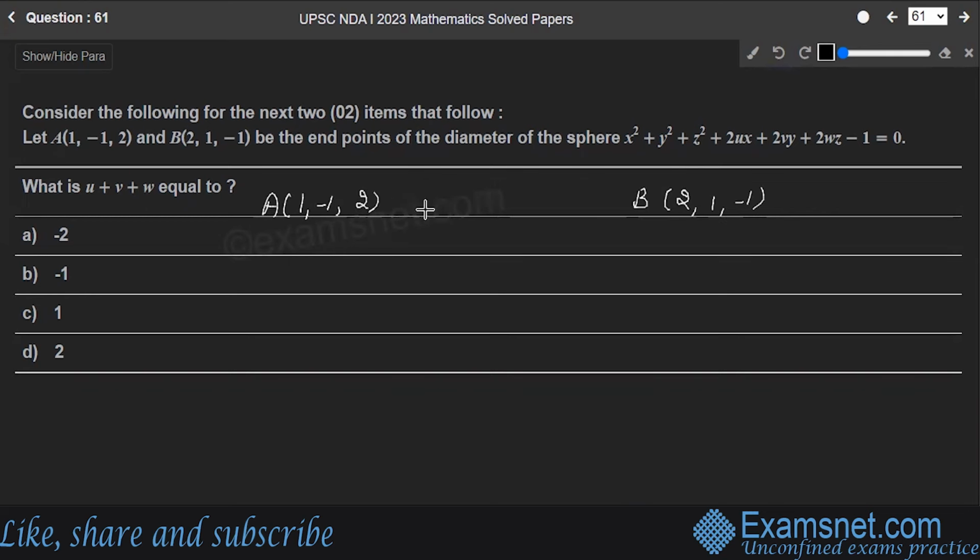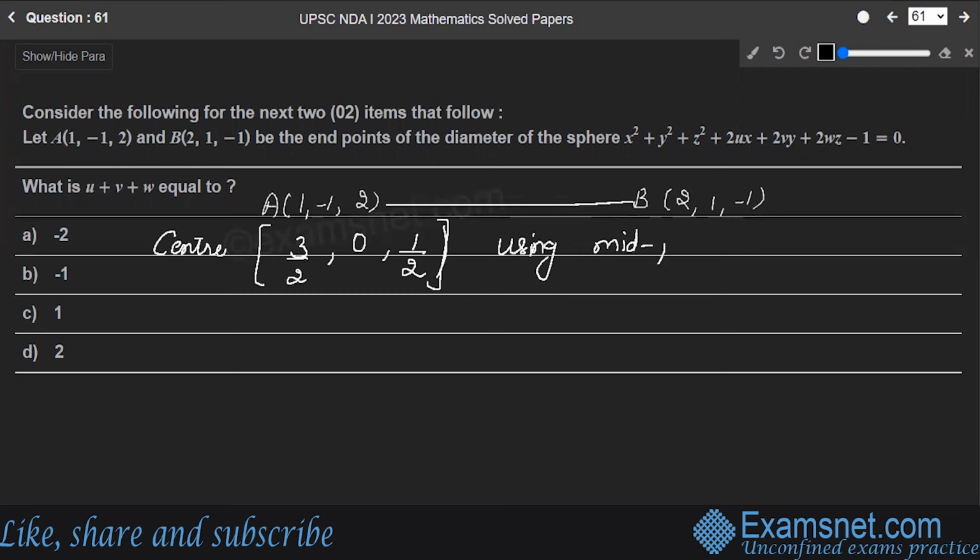AB is the diameter, right? So if AB is the diameter, what is the center? You know, center will lie at the midpoint. So that means it is equal to 2 plus 1, that's 3 by 2, minus 1 plus 1, 0, 2 minus 1 upon 2, using the midpoint formula. Okay. Now, let's go to the radius. You know, radius is half the length of the diameter, that is AB.